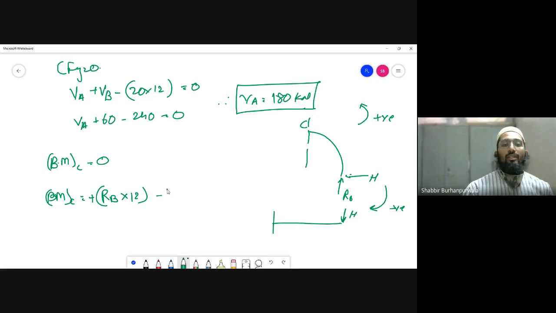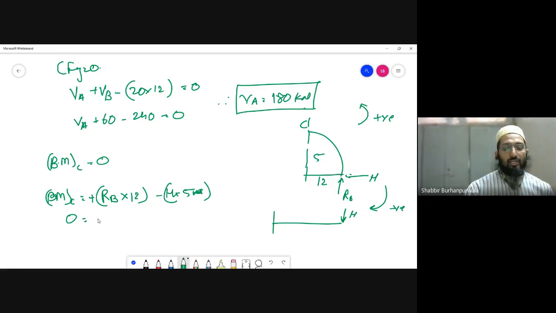So coming back over here, minus H into, what is the distance between H and this? The total height of the parabola is 5 meters. So H into 5 and RB into 12. 12 is the distance from here to here, 12 meters and 5 meters. So this is equal to 0.